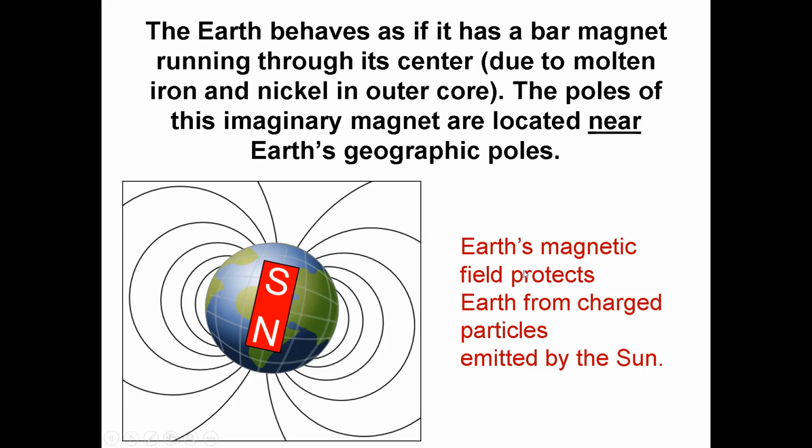Right. What is the benefit of having magnetic poles here? The magnetic poles protect us from the charged particles emitted by the sun. Imagine that we have particles coming from the sun.